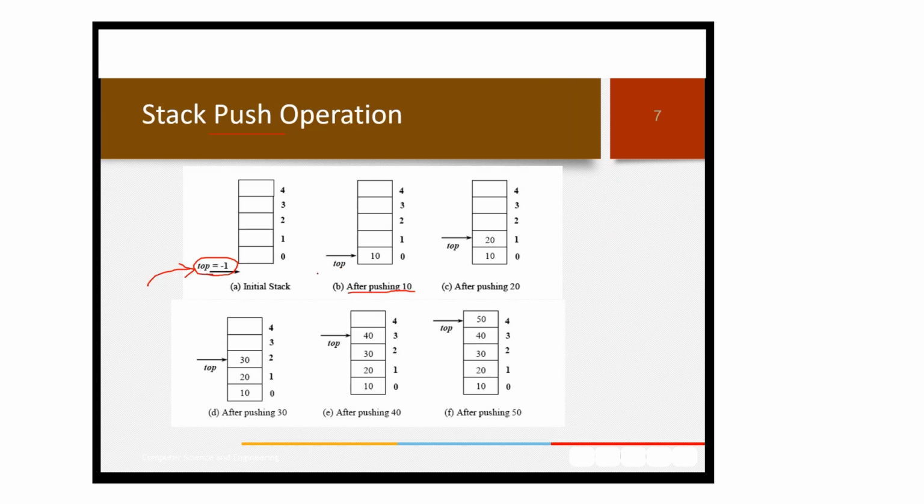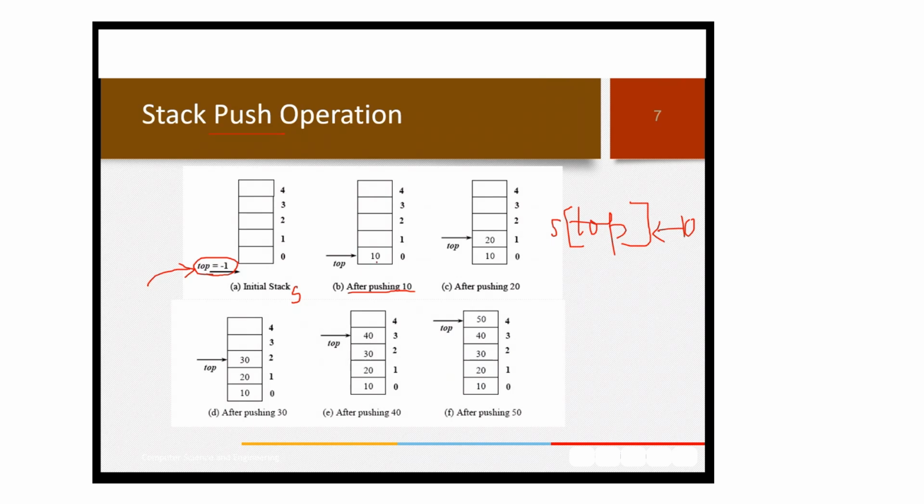So the address is 0, and hence I can push this. It is something like, assuming S is the name of the array, S of top. That means at the location pointed by top, I push in my element called 10, after incrementing top. So top is -1, increment top, then I can push this element.